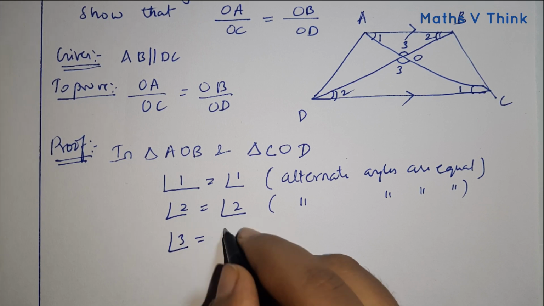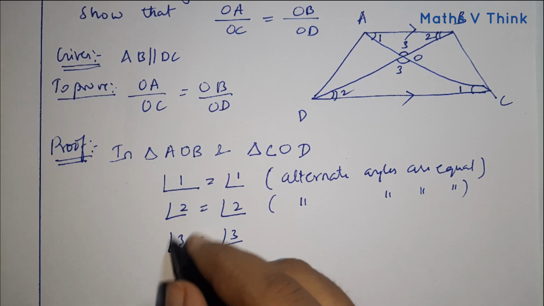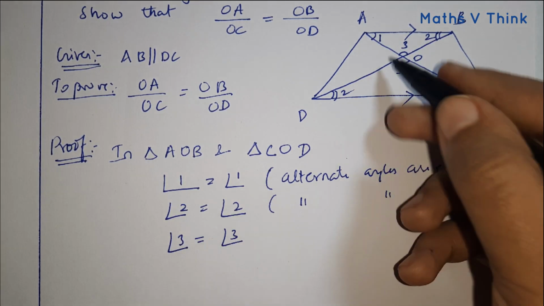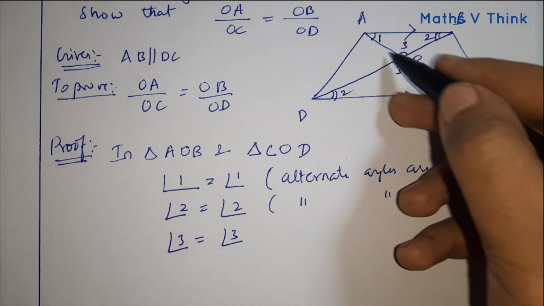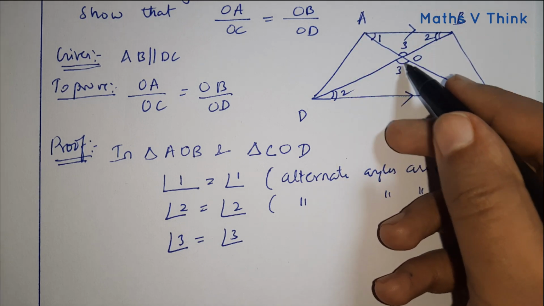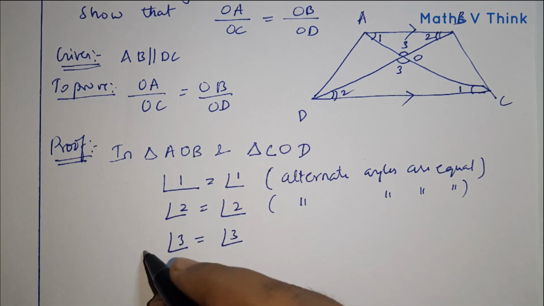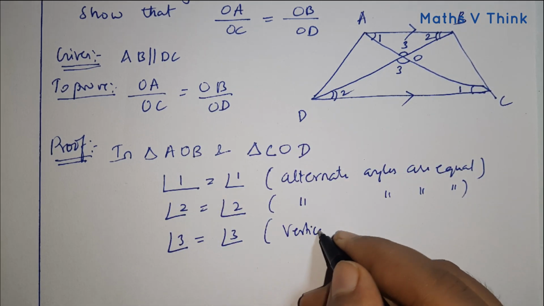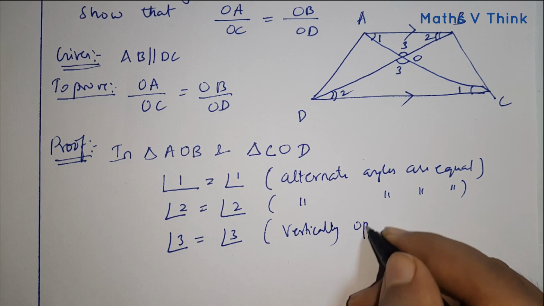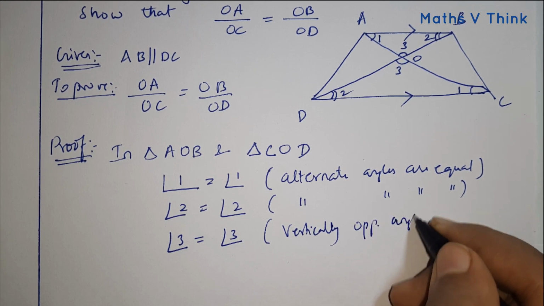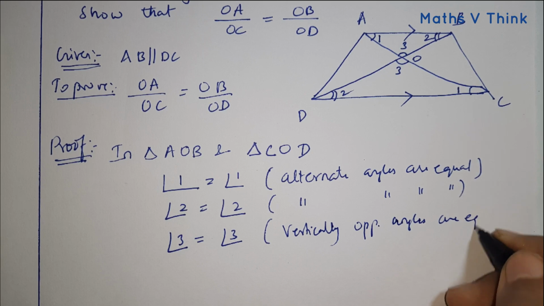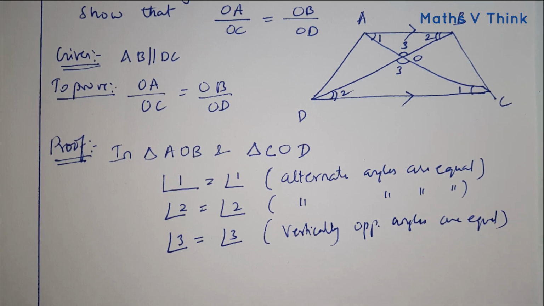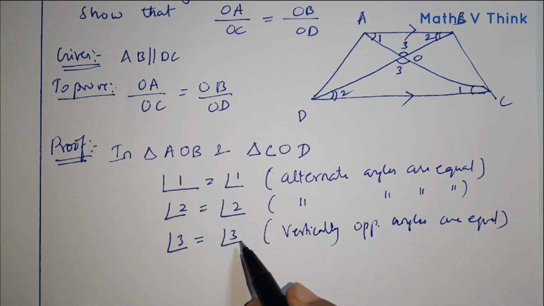And angle 3 will be equal to angle 3. Nothing but this means angle 3 of this triangle and angle 3 of this triangle. So vertically opposite angles are equal. So I can see all the corresponding angles are equal.